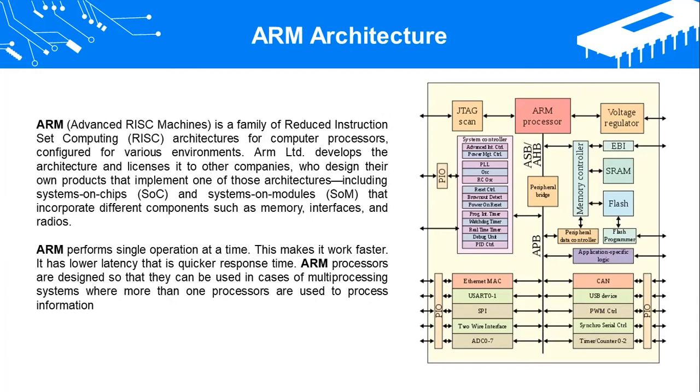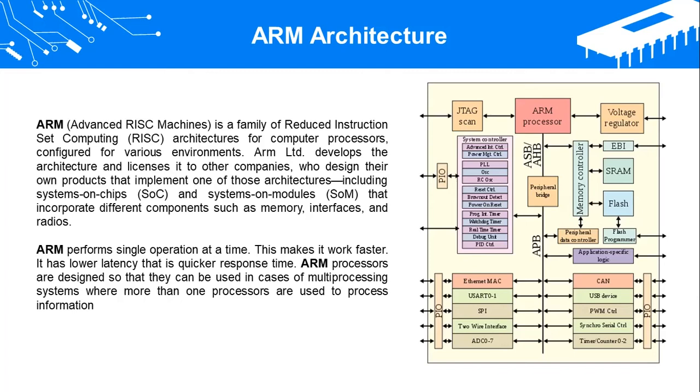So here I will explain ARM architecture. ARM, or Advanced RISC Machines, is a family of reduced instruction set computing, or RISC, architectures for computer processors configured for various environments. ARM Ltd develops the architecture and licenses it to other companies.